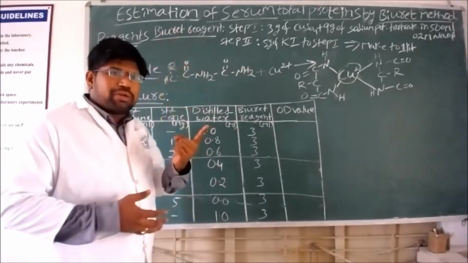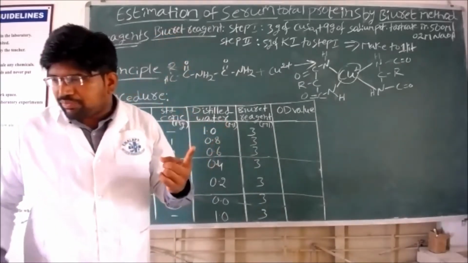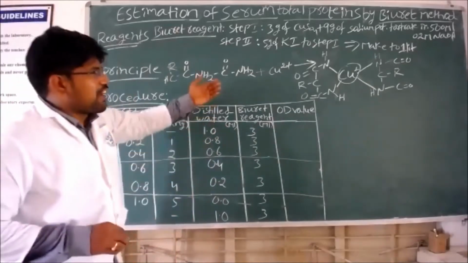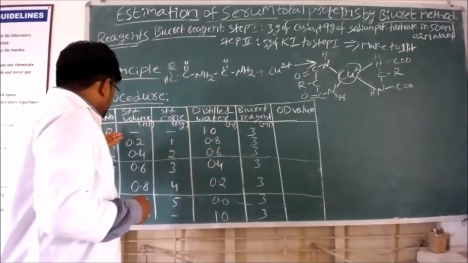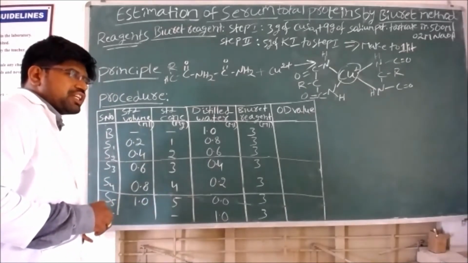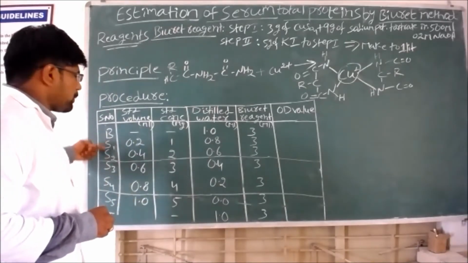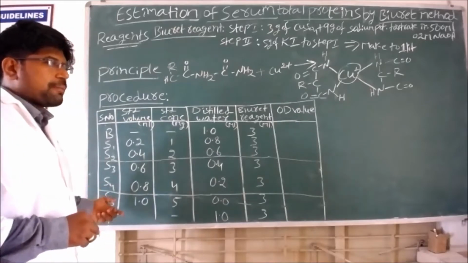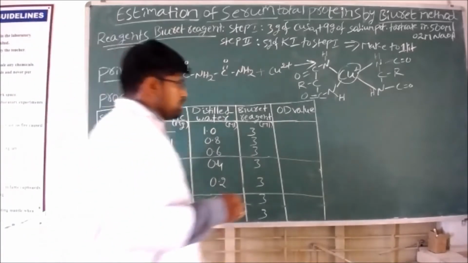The second requirement is the preparation of the standard. As this is a graphical method, in the presence of a blank, we compare a series of standards with the test. So for that, we have to prepare the standard. How do we prepare it?